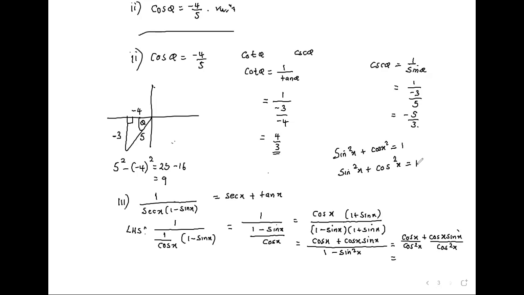So if you divide here now, 1 over cos x plus sin x over cos x, plus tan x, which is what we need on there.